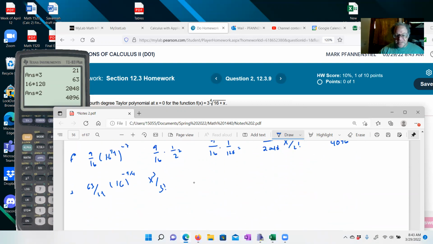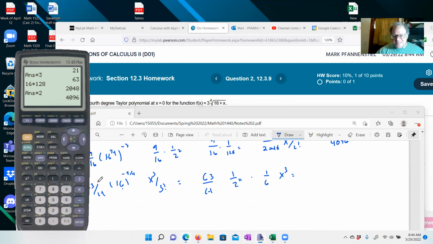So that's going to be 63 over 64. If I plug in the value here, we're going to have 1/2, because that's 16 to the 1/4 power, raised to the 11th, times 1 over 3 times 2 times 1, which is 1/6, x cubed. And that's what we're going to be dealing with.